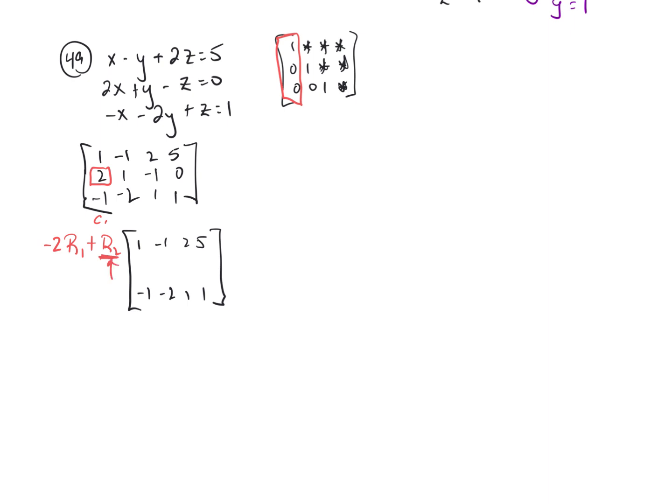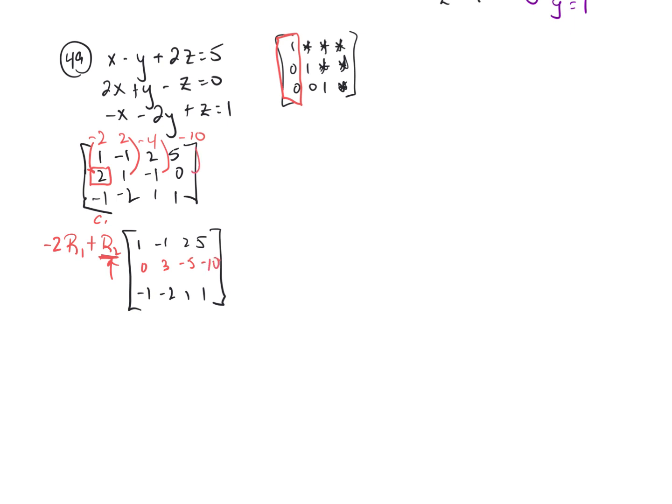Row 2 is changing, and that is after I multiply row 1 times -2. So 1 times -2 is -2. -1 times -2 is +2. 2 times -2 is -4, and 5 times -2 is -10. I'm going to add those numbers to row 2. So I will have 0. Then I have 3. Then I have -5. And then I have -10.